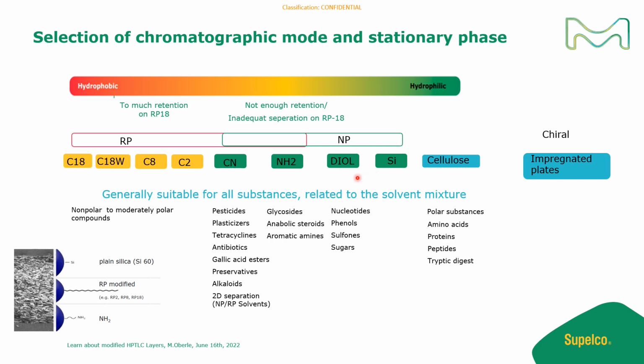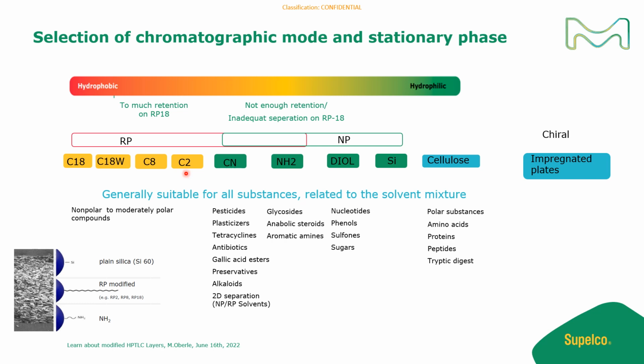If there is too much retention, for example, on a reversed phase or RP18 phase, then sometimes it's worth trying a shorter chain length, like a C8 or C2 chain.